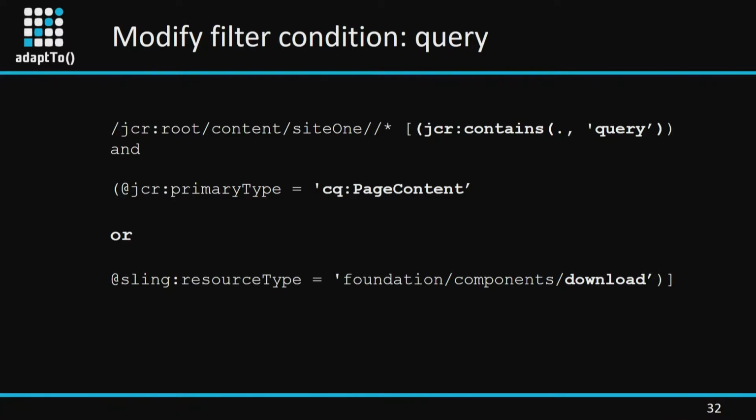You have this full text query, and because you are looking for download nodes as well, which are of type nt:unstructured, you have to filter all the results to reduce the result set to only the node types CQ page content and download.